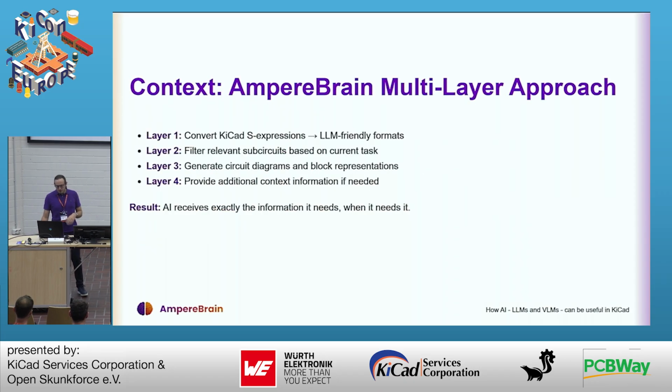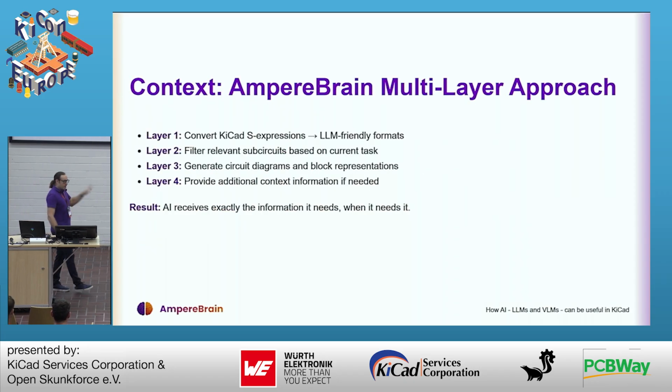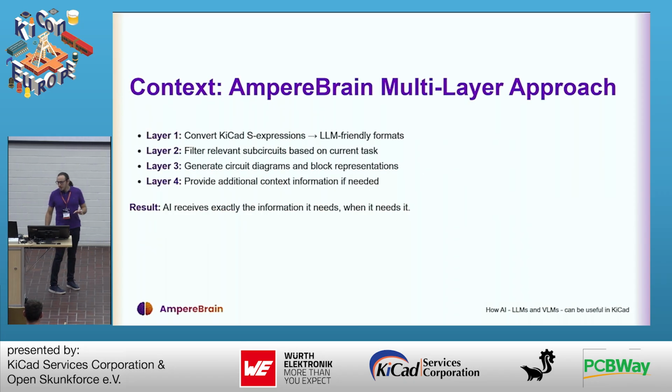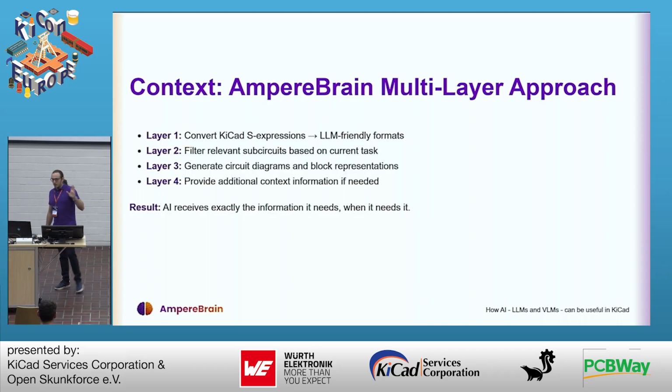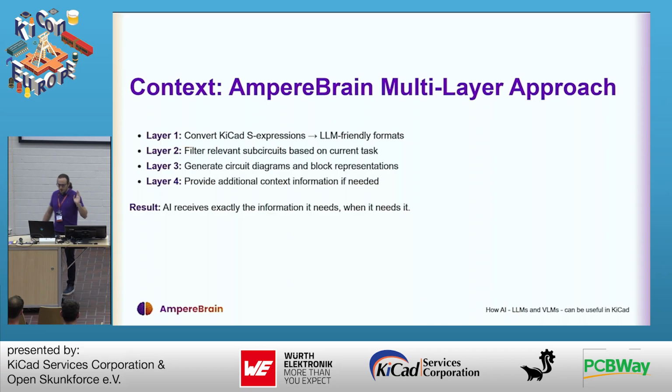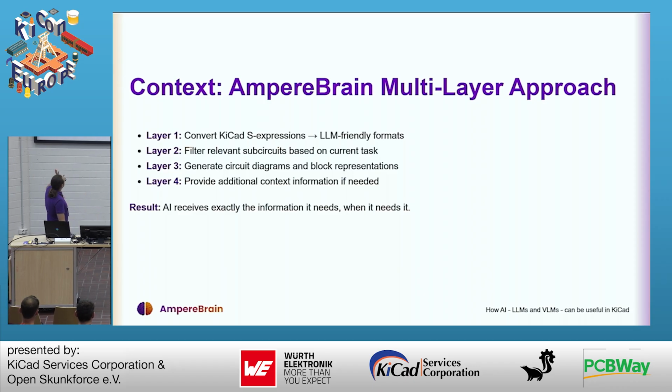So what I've tried to implement in AmpereBrain are 4 layers that fix each of the problems. I'm going to go in depth into each of those layers. First step, convert those S-expressions into something more LLM friendly, for better understanding and to make it easier to edit.